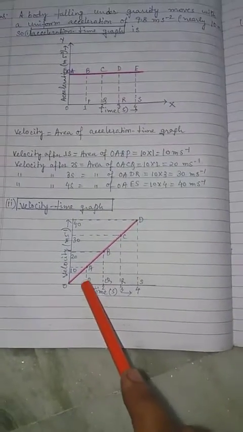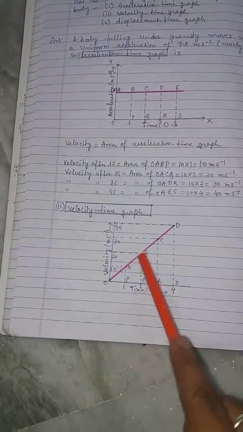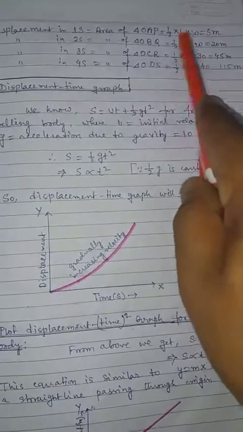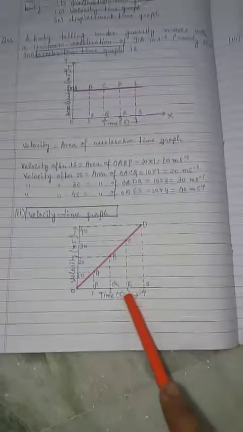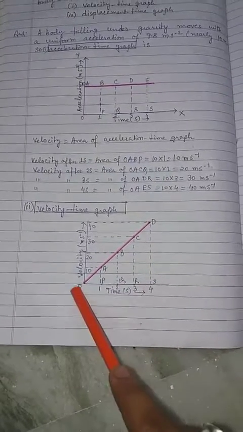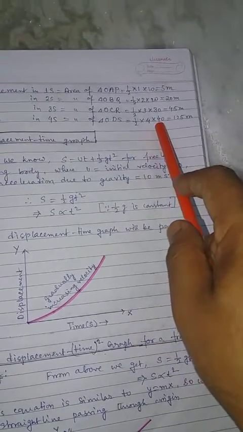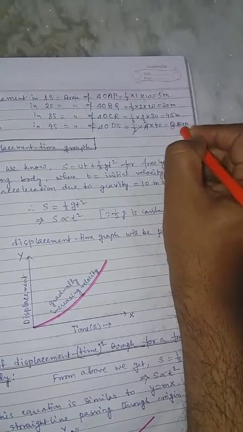In 1 second, the area of OAP is half into base into height, putting the values, half into 1 into 10, which is 5 meters. In 2 seconds, area OBQ is half into 2 into 20, so 20 meters. Similarly, displacement in 3 seconds is 45 meters. In 4 seconds, area ODS with base 4 and DS equal to 40 is half into 4 into 40, that is 80 meters.